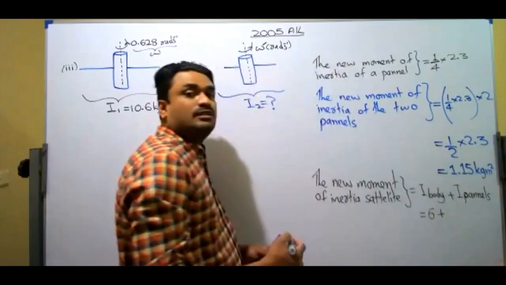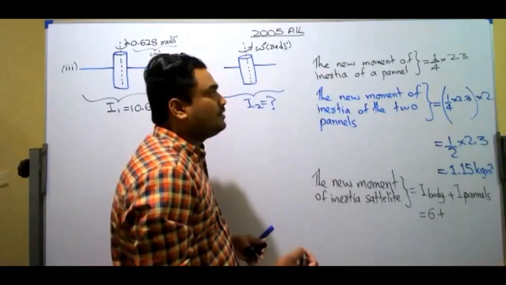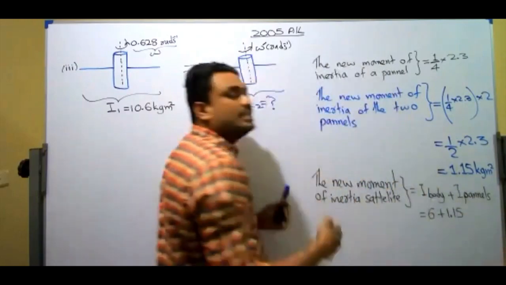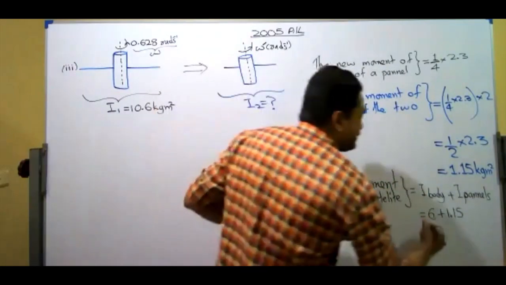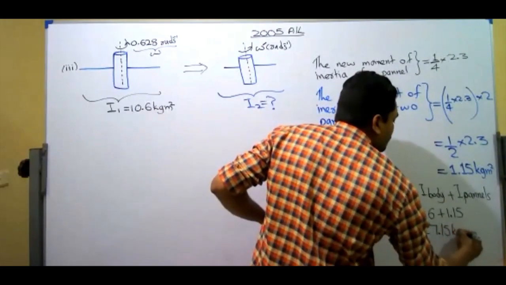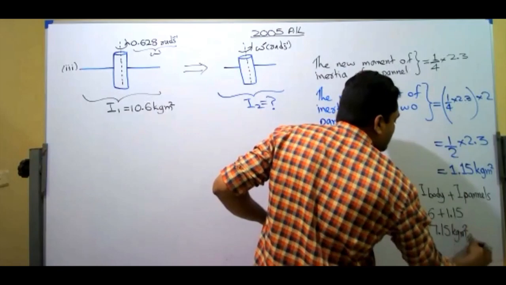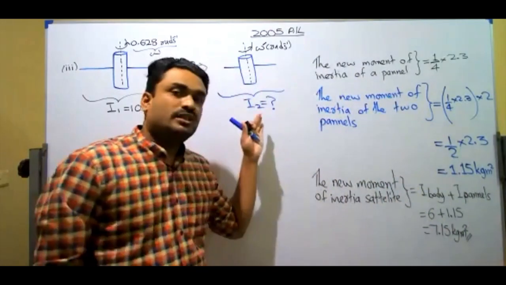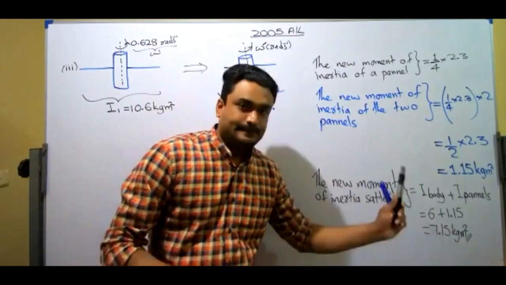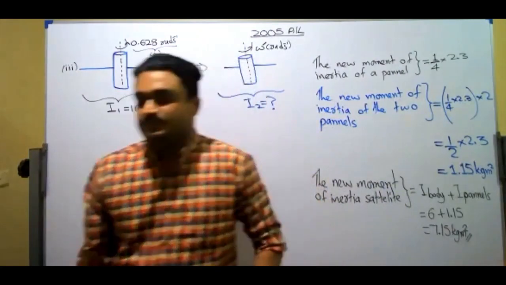Moment of inertia of the panels 1.15. So 6 plus 1.15 means 7.15. Do not forget to write the units in kg m². So this is the new moment of inertia of the satellite. Completed here.